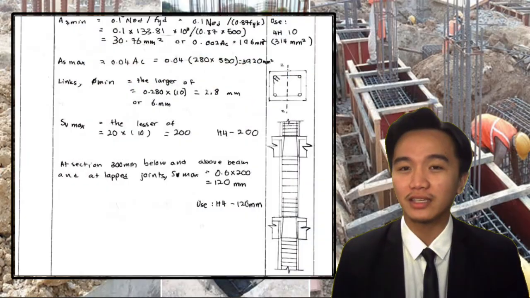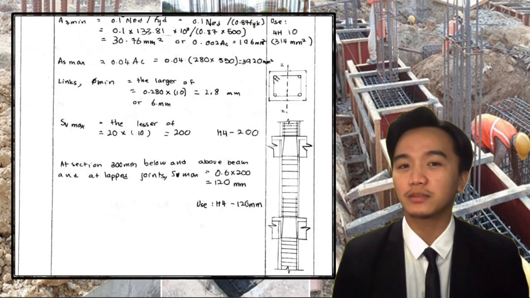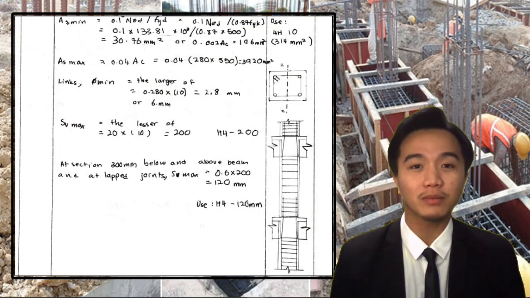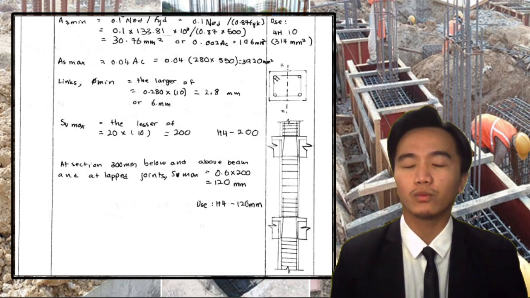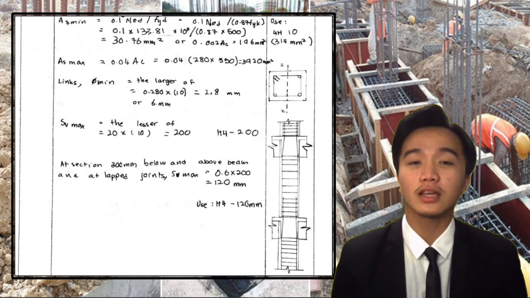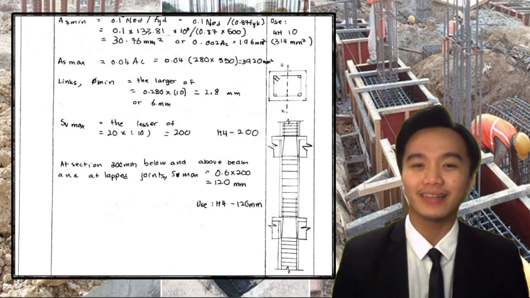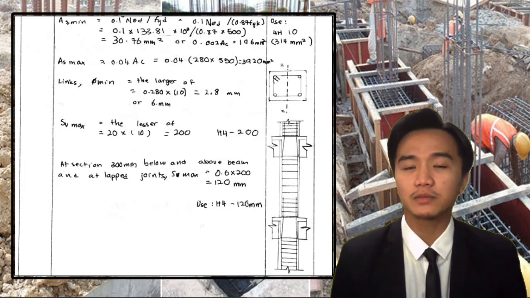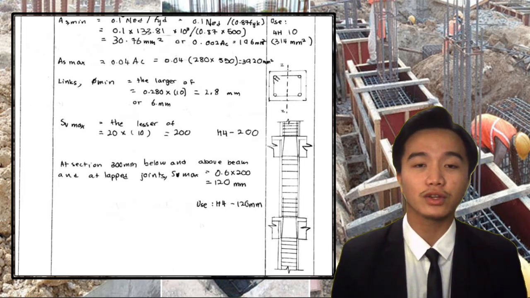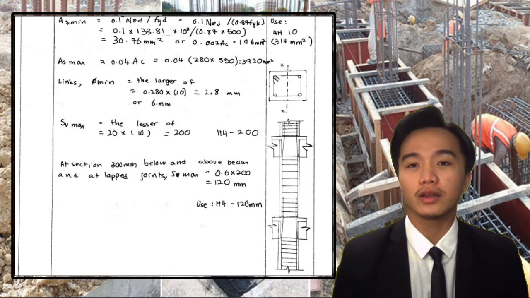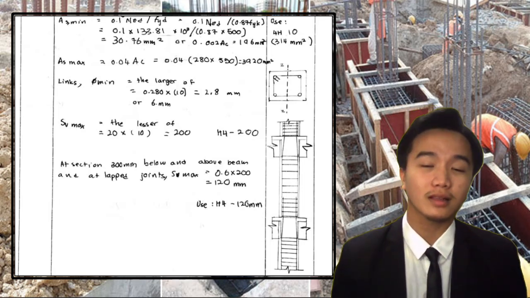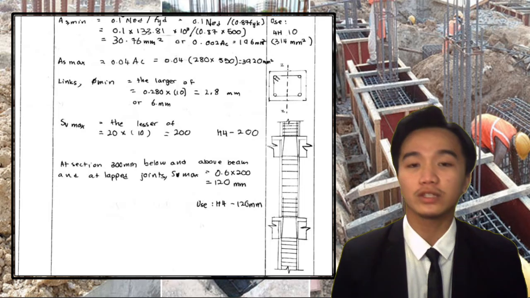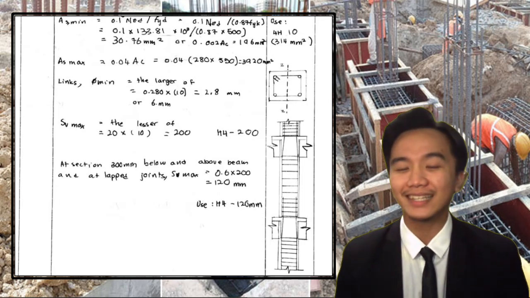So as you can see here, it was stated that our As min is 314 mm squared, so we are going to use 4 bars with a diameter of 10 mm, and the As max is 3920 mm squared, where our links minimum is 0.25 times 10, which is 2.5 mm, or 6 mm.